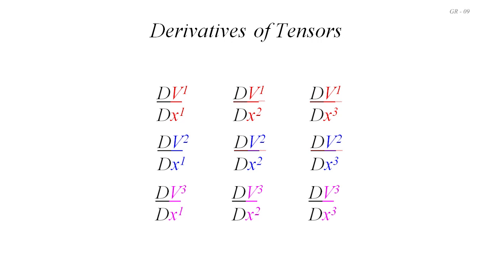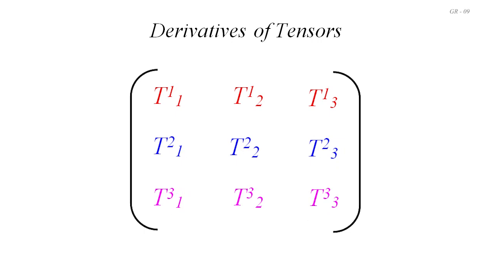Each one of these 9 things is a function of position, a function of x1, x2 and x3. And it should be fairly obvious, therefore, that this all represents a rank 2 tensor, a kind of 3 by 3 matrix. And so we could write these components like this, where once again we've kept the colouring to help clarify the situation.